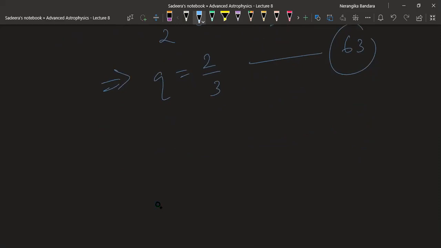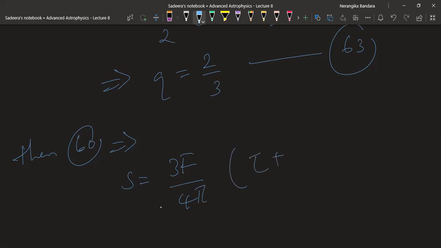Okay, right. Then equation 60 gives you S equals 3F divided by 4 pi for us. Now we're going to substitute for q, for this equation number 64. So many equation numbers, but we need that.